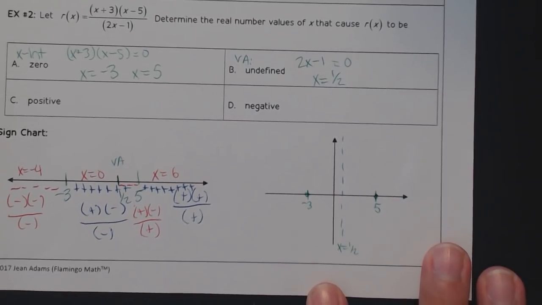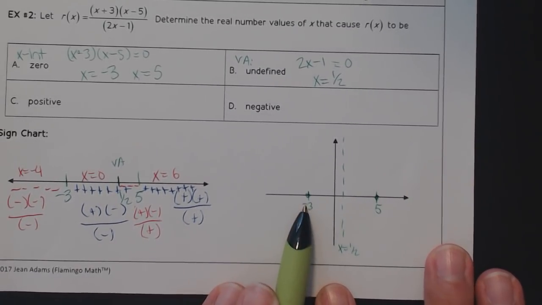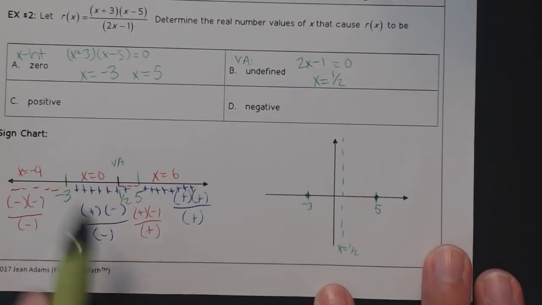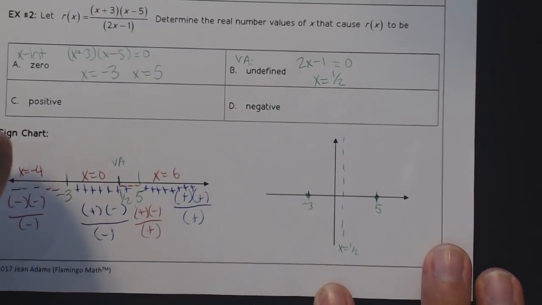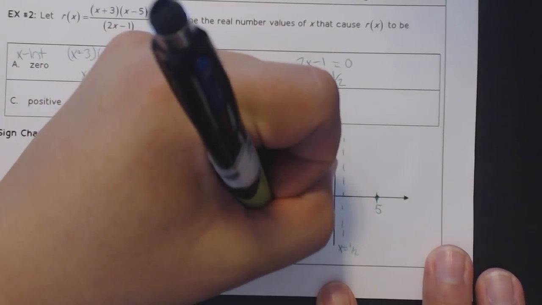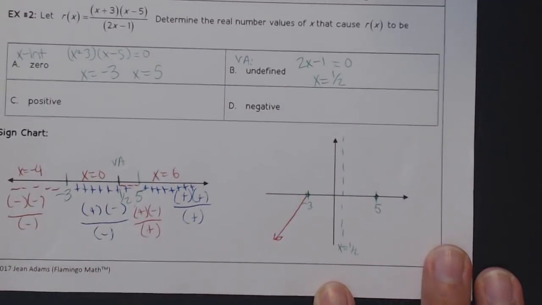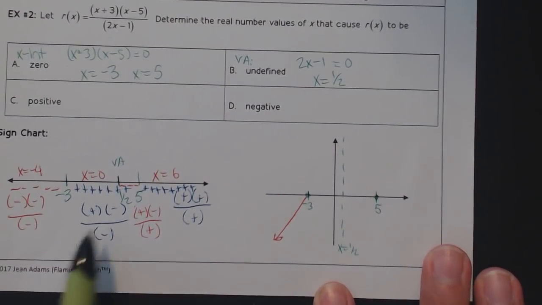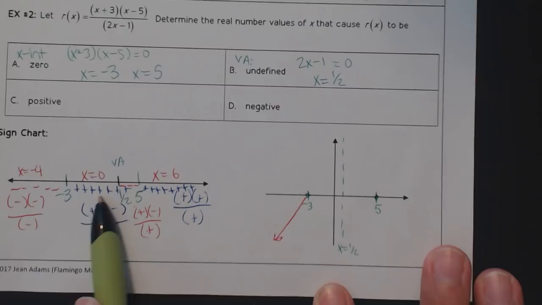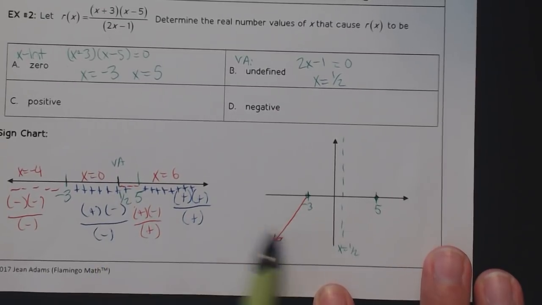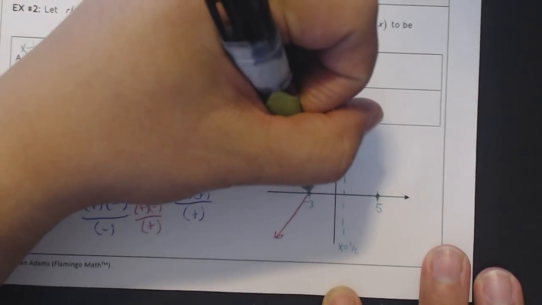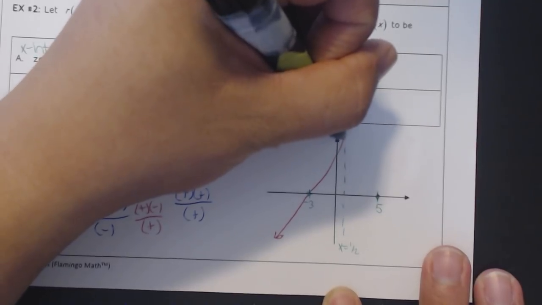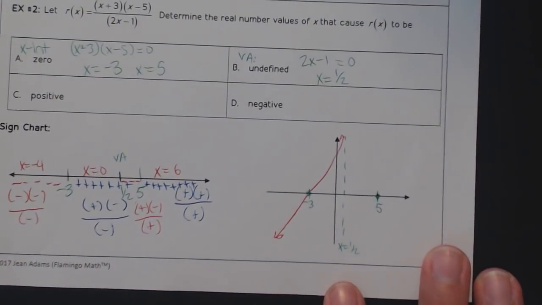All we know is that everything before -3, the y value was negative. So I need a graph that goes negative down this way. But after -3 and before 1/2, everything's going positive. And we have an asymptote, so it should be hugging that line. So it's going to approach it and eventually hug that line like an asymptote.